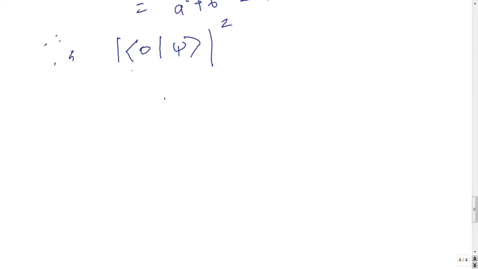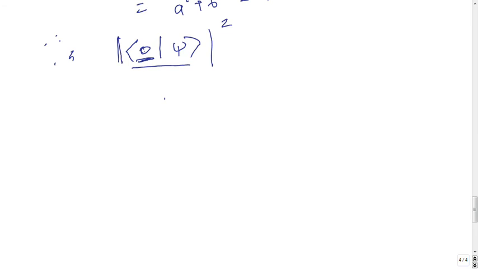For your information, sometimes the inner product between 0 and xi is called the amplitude, or the probability amplitude, of this 0. It's a complex number and it is called a probability amplitude that this system is in this state 0.